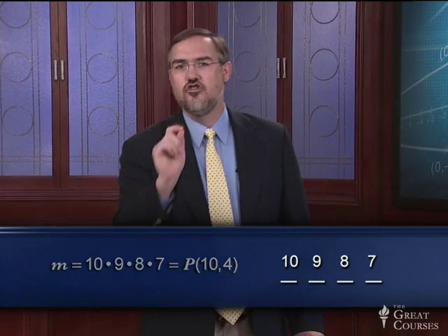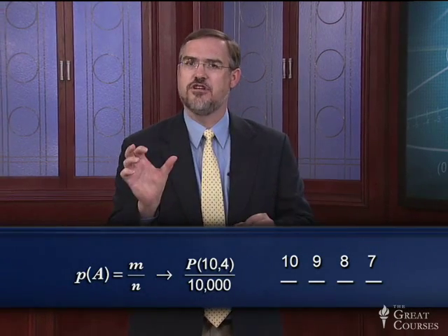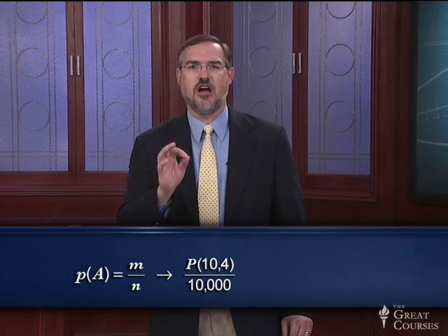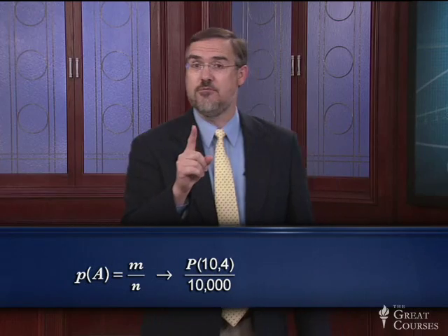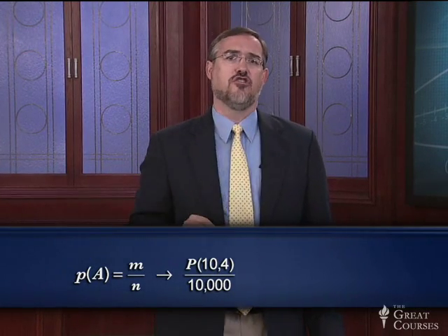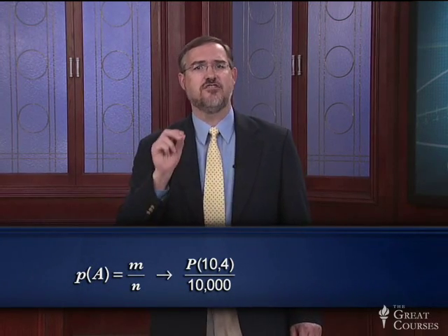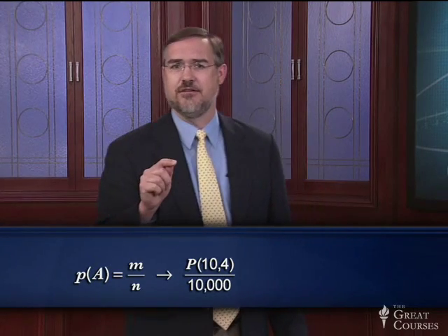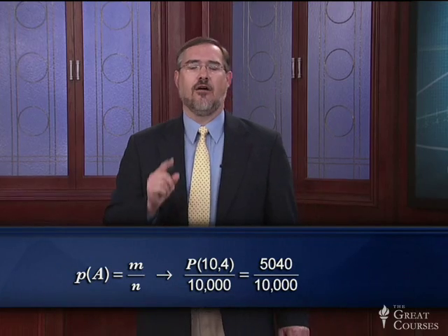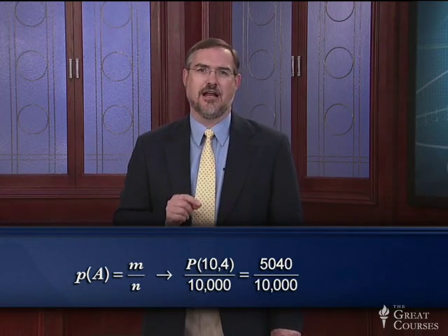So the numerator of my probability, which is the total number of the 4-digit numbers that I want, is going to just be P of 10, 4, because we want permutations here, right? Because the numbers and their orders matter. So the numerator of this probability is P of 10, 4, which is 10 times 9 times 8 times 7. And that, by the way, is 5,040.